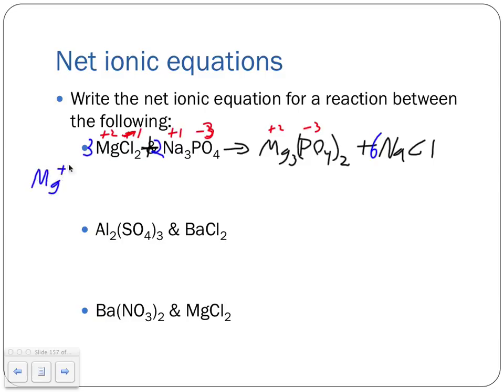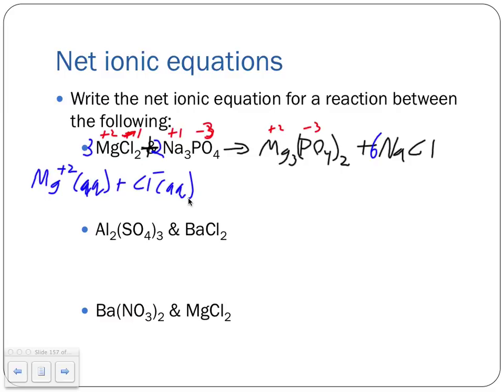It is dissolved in water, so we'll say aq. And then plus, our next ion is going to be the chlorine. That's going to be Cl-, also still in aqueous solution, to show that it's dissolved.